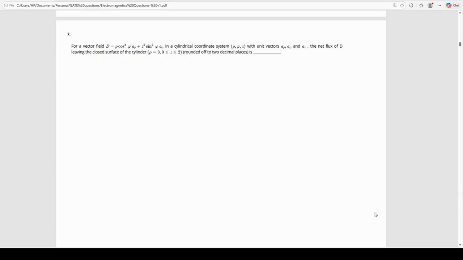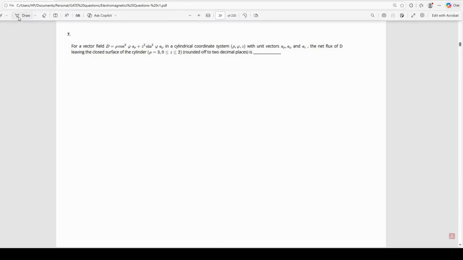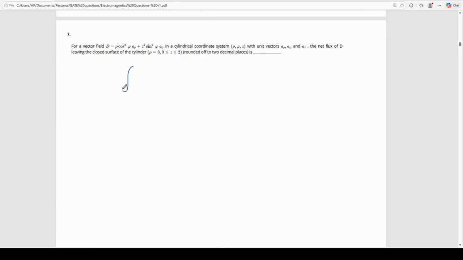We know that the closed surface integral of D dot dS is also equal to the volume integral of del dot D dv.